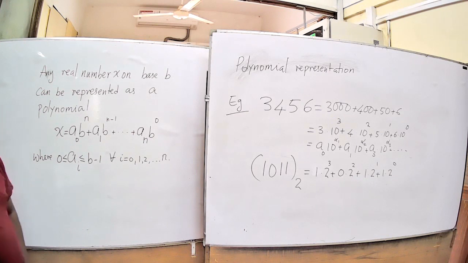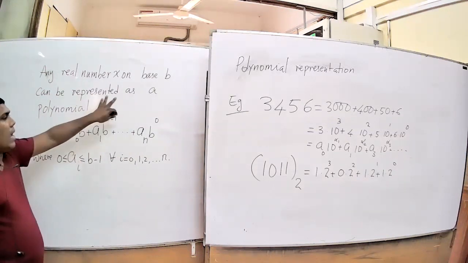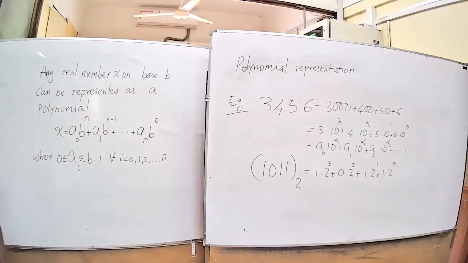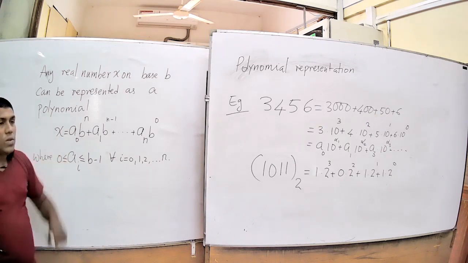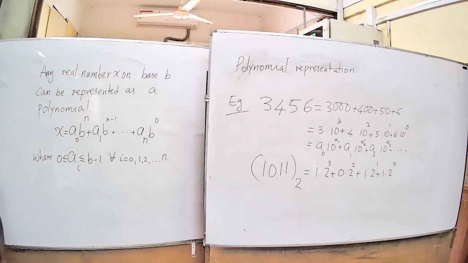Now, because any number in any base can be represented as a polynomial, we are going to use this polynomial representation to study the arithmetic which is done inside a computer.